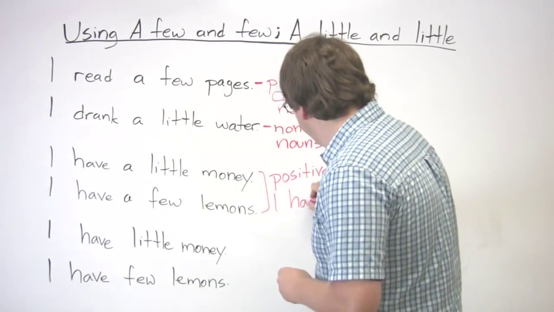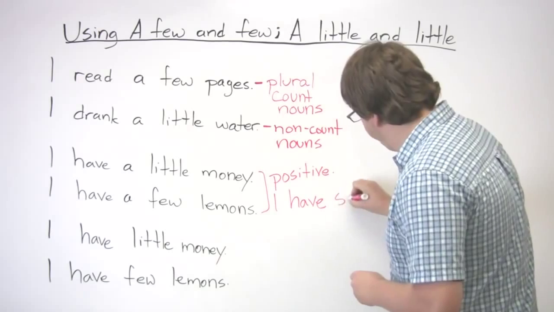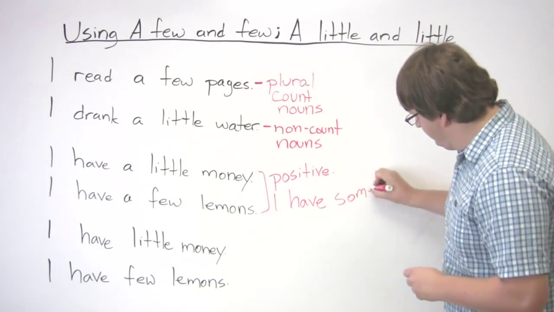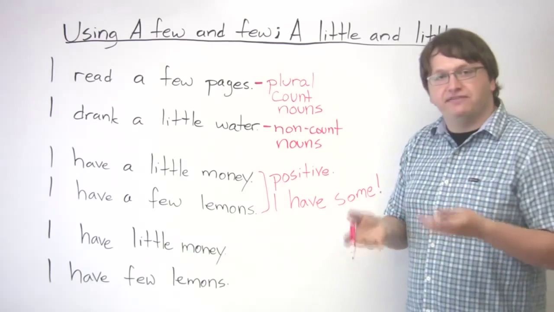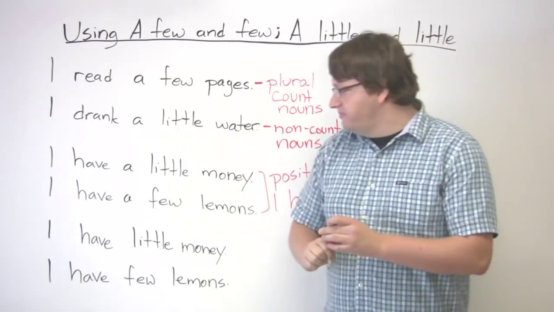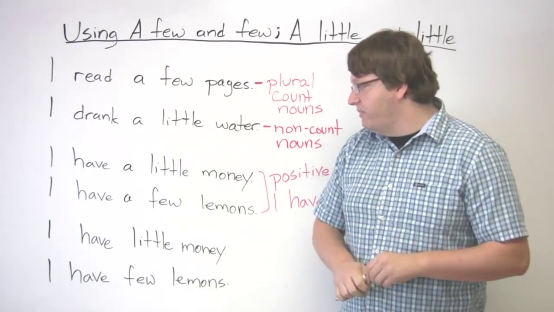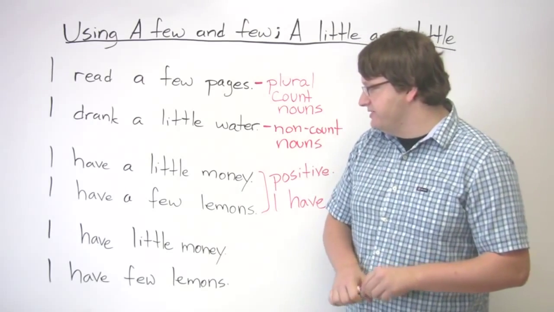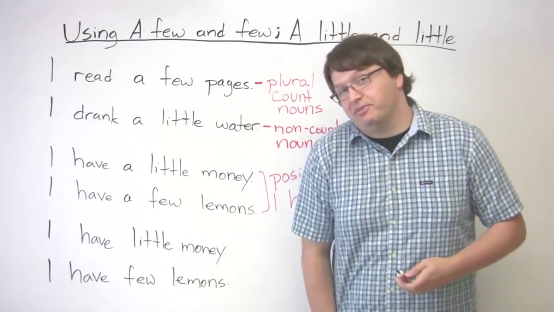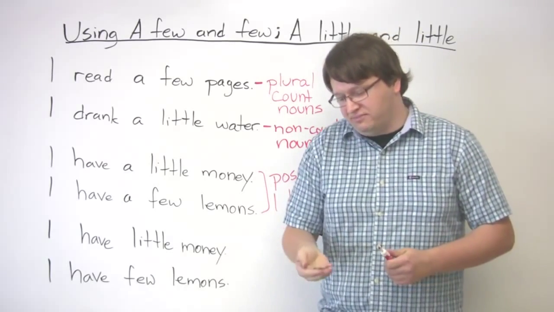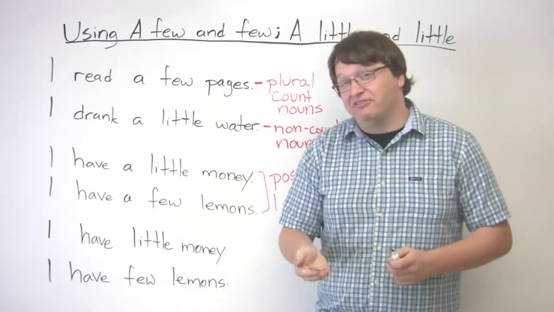I have some. And we're happy because at least we have some. Here, if I say I have little money or I have few lemons, again, I have little money. If I reach in my pocket, take out some change, I don't have a lot of money.